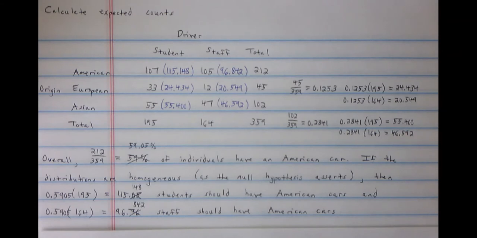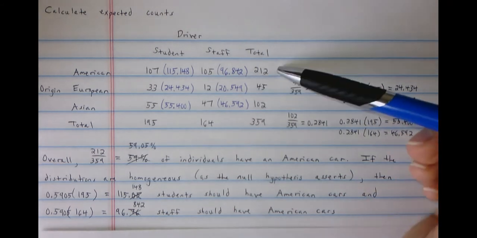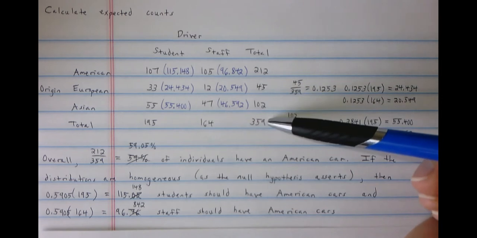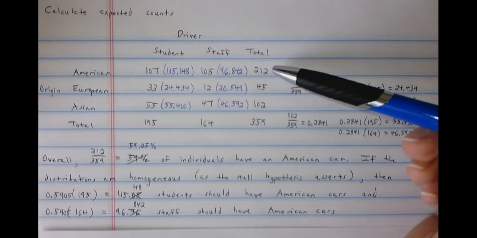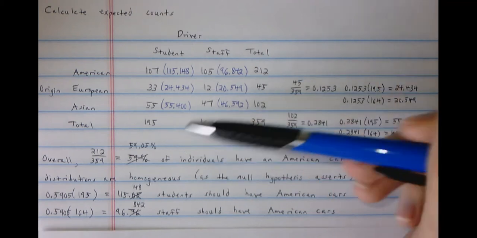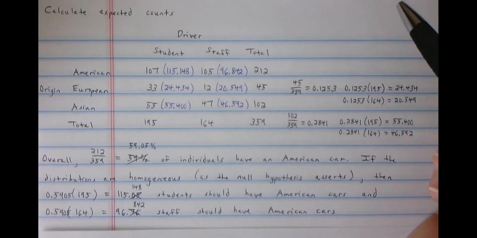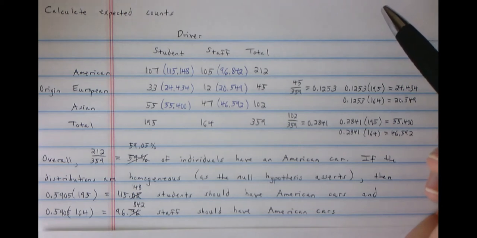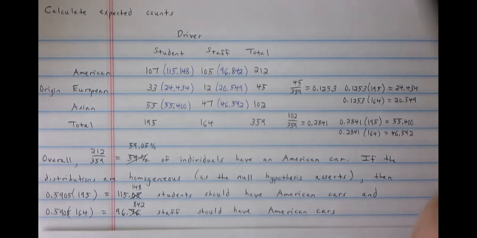I've recreated the table here, and what you notice is overall 212 out of 359 of the individuals have an American car. So that amounts to 59.05%. If the distributions are homogeneous, as the null hypothesis asserts, then we'd expect that same percentage among students and among staff.